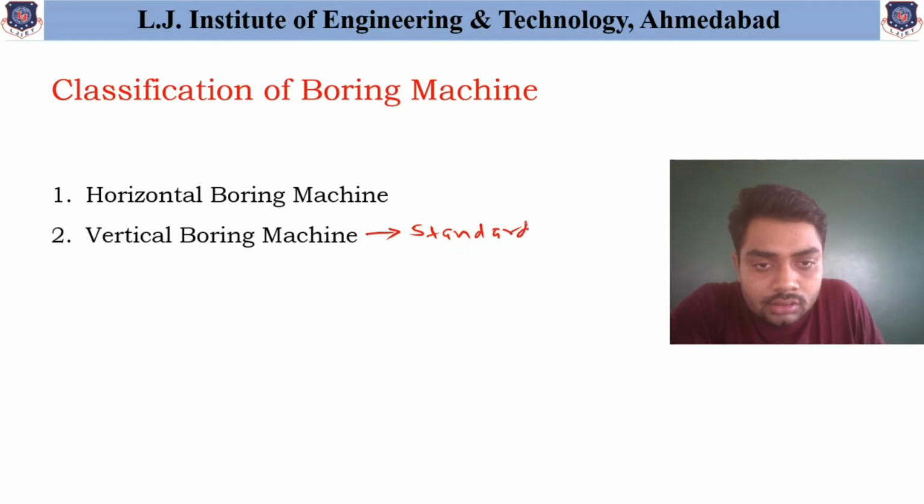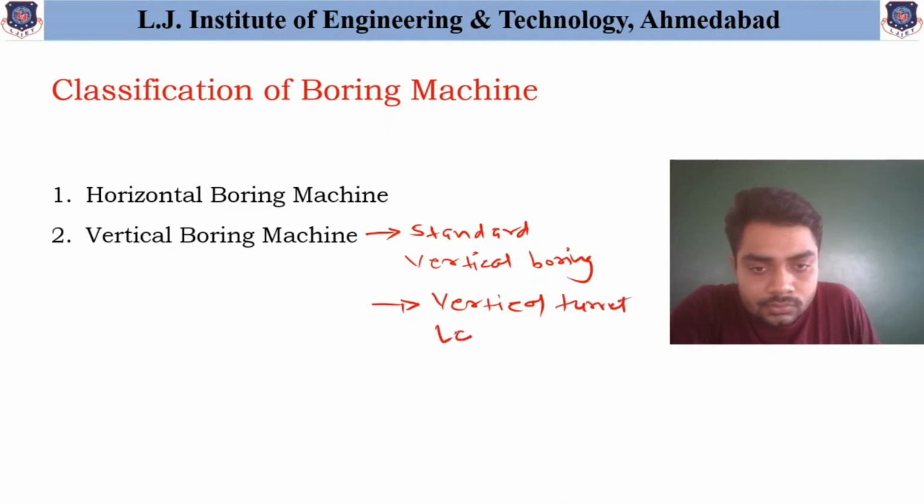The second one is the vertical turret lathe, and the third one is the vertical precision boring machine.